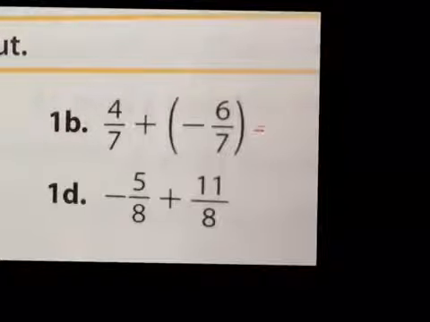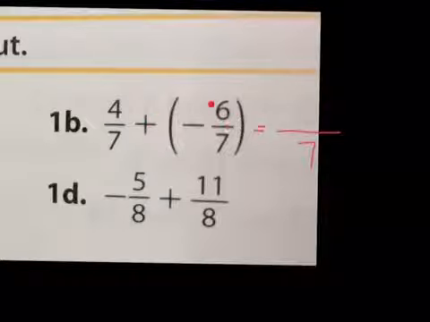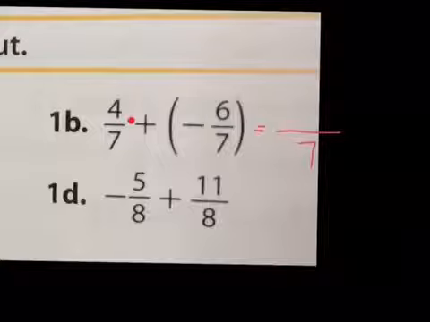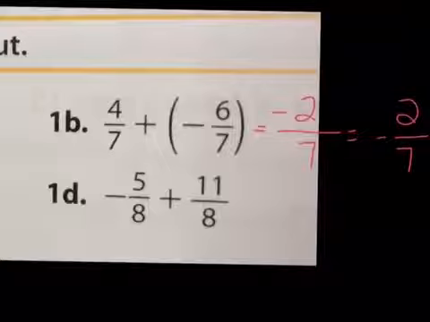But now we keep the denominator the same. We have 7. And now we have a 4, and then negative 6. We're going to have negative 2, right? Positive 4 plus a negative 6 is a negative 2. Now you can put the negative on the top, or you can rewrite the whole thing as negative 2 over 7, right?